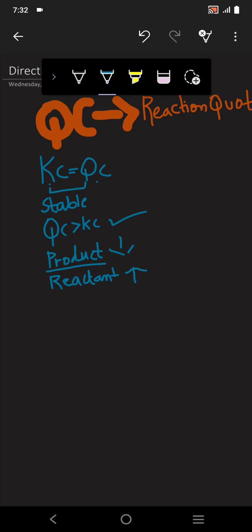for example, Fe to F here. If the product is decreasing, what will be increasing? The reactant will be increasing, obviously, meaning product is converted into reactant.